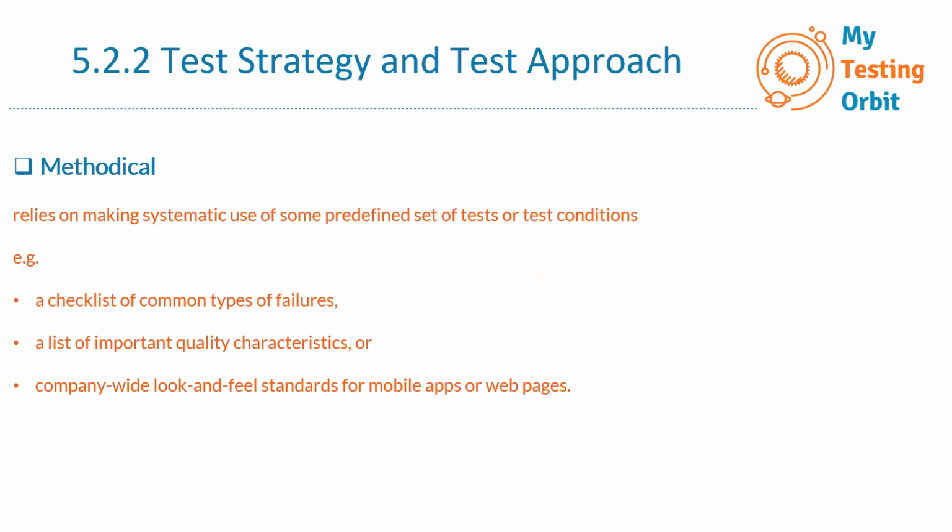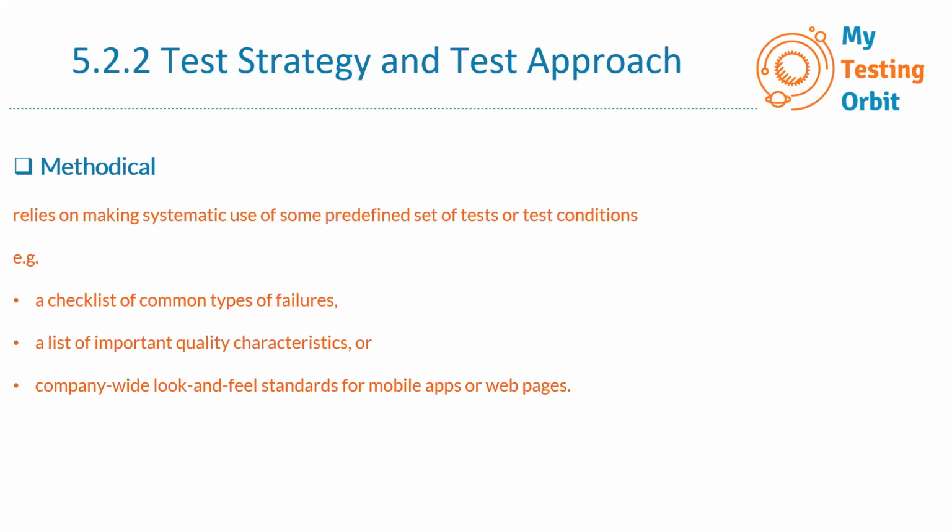I think this would be quite good for experience-based testing, which we covered in the last session, where we already have specific skills and experienced people in a domain or in a system, and based on their knowledge, they can come up with a checklist of common types of failures that usually happen in this system.